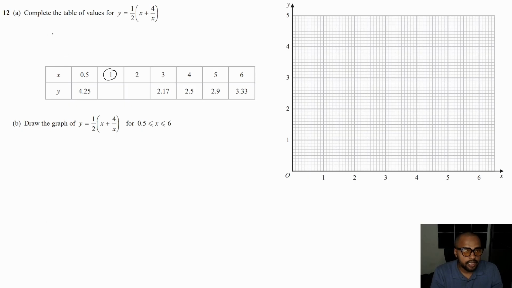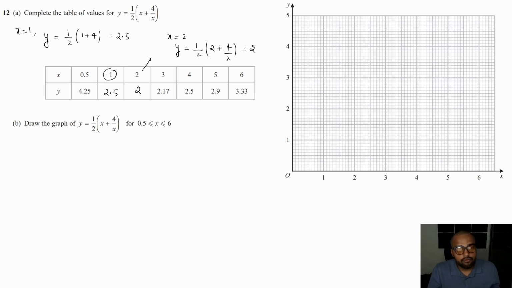So if we plug in x equals 1, we get y equals 1 by 2 times 1 plus 4, which equals 2.5. For x equals 2, y will be 1 by 2 times 2 plus 4 by 2. On calculating it, we are getting 2. So the value of y will be 2.